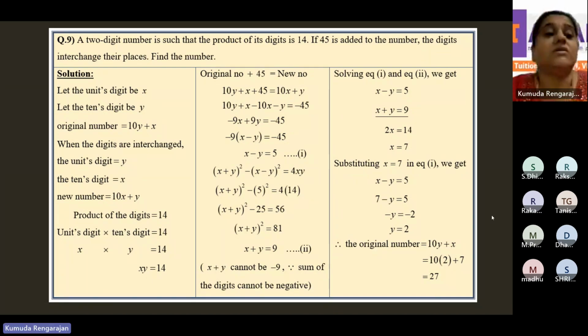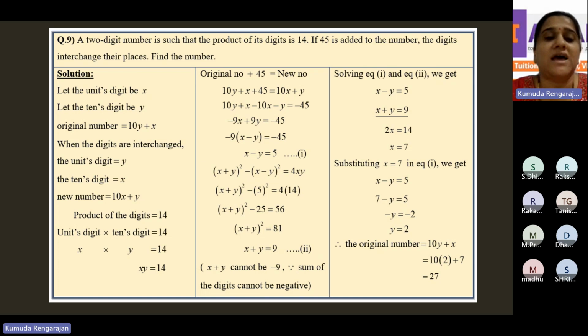Yeah, write down, children. Online students, please go through the answer and start working. Let the units digit be x. Let the tens digit be y. Original number is equal to 10y plus x.